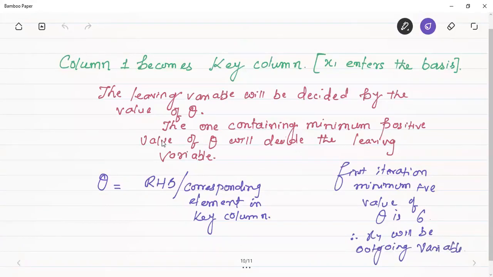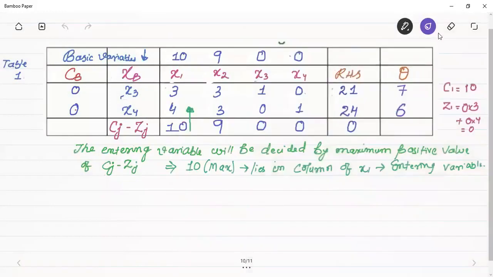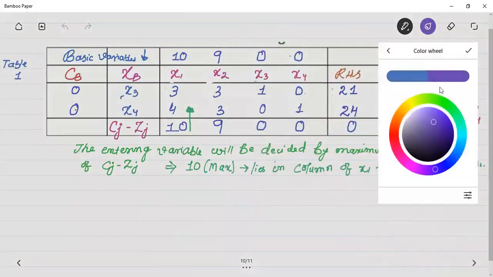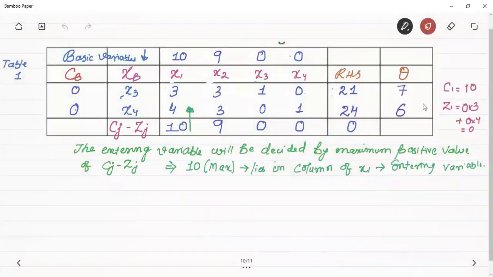Okay, so this is how we show the leaving variable and the entering variable. This will enter into the basis and x4 will leave the basis. And this row will now become the key row.